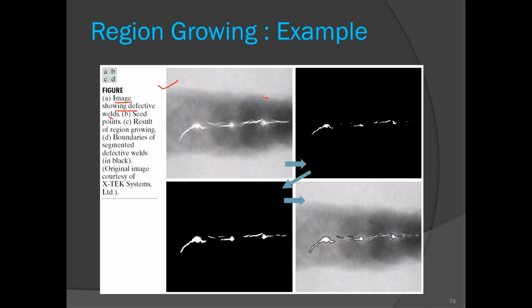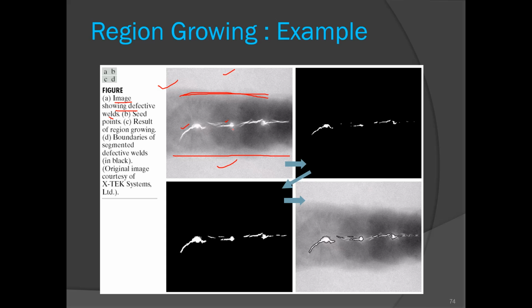This darker region shows the welded part, this is the surrounding surface of the material, and this bright part shows the defect in the welding. It shows the cracks or porosity present in a welding, and this is actually an X-ray image.